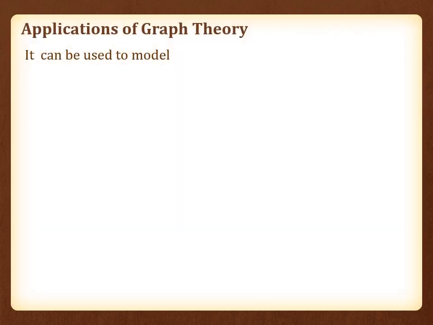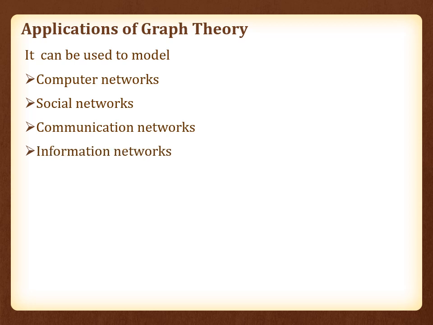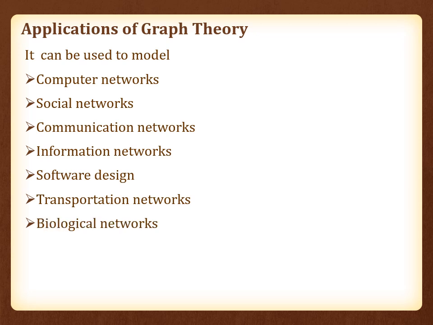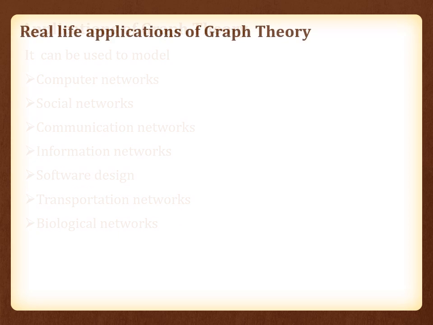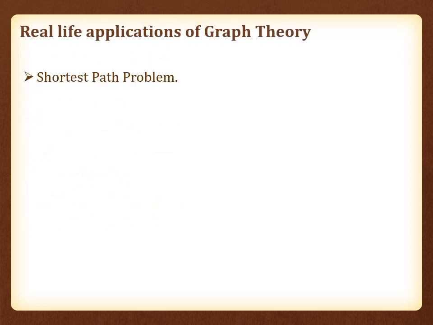First we will see the applications of graph theory. It can be used to model computer networks, social networks, communication networks, information networks, software design, transportation networks, biological networks and in many domains. Some real-life applications of graph theory are to find the shortest path between the roads or the networks.